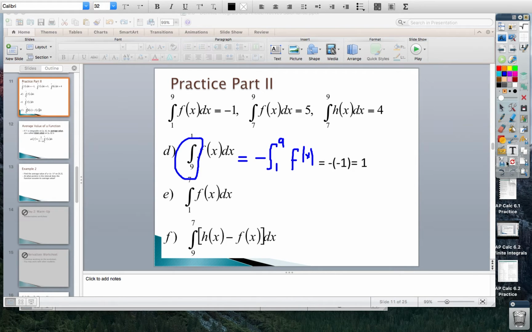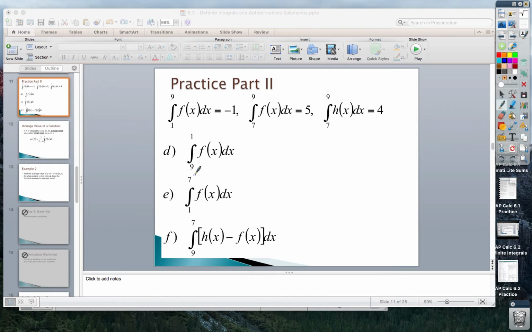And if we take a look at part E, notice E is a little bit different. It says it goes from 1 to 7. Now for these limits, we don't have anything up here that goes from 1 to 7. However, we do know we have an integral that goes from 9 to 1.